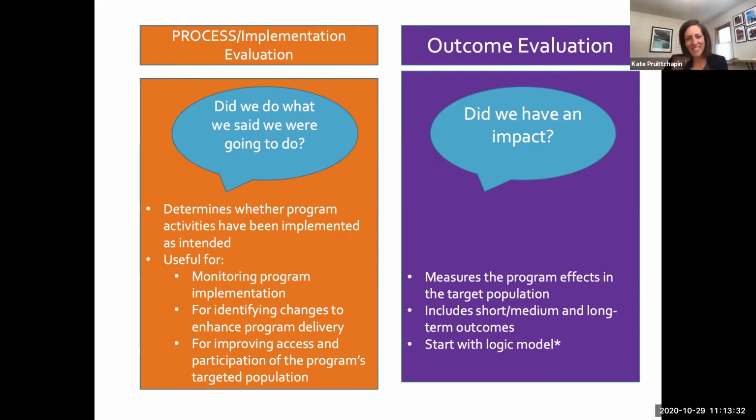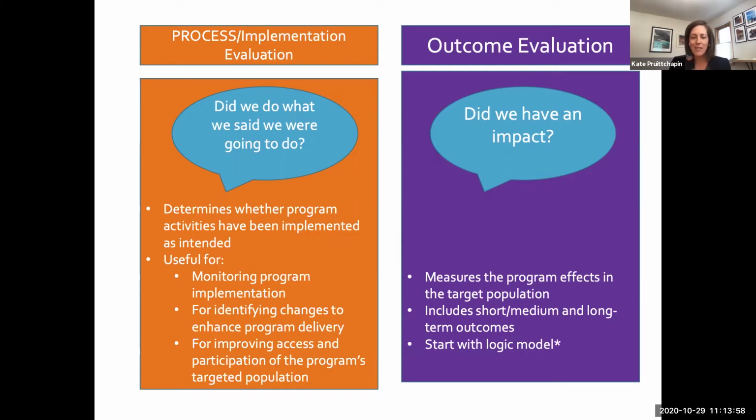Okay, so then we get to the outcome evaluation. Process evaluation is, did we do what we said we were going to do? Outcome evaluation is, well, did it even have an impact? And so an outcome evaluation really measures the program effects in the target population, right? We said we were going to train up families. Well, did they learn anything?